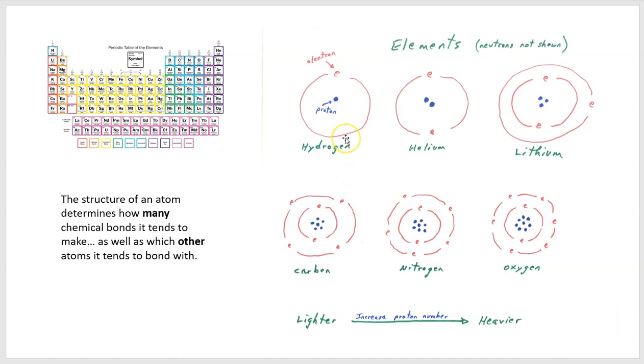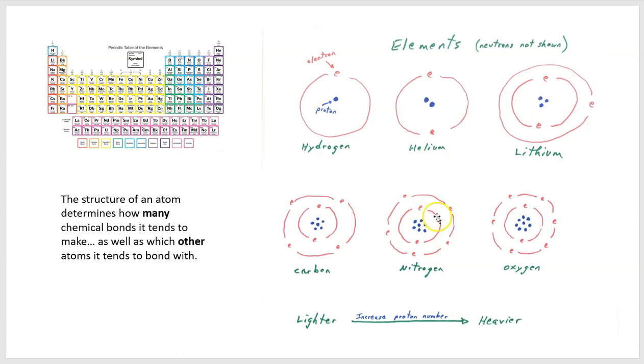Now, you'll learn in chemistry class that the number of electrons in these shells, as they're called, influences how these atoms can join together to form more complex structures called molecules. So the world of chemistry is all about how these atoms, as they interact with other atoms, sometimes link up and create chemical bonds.